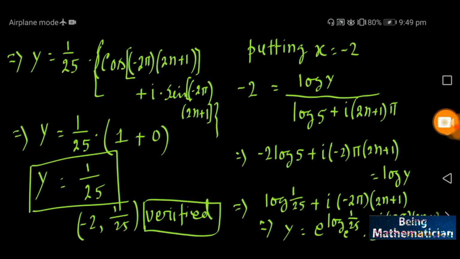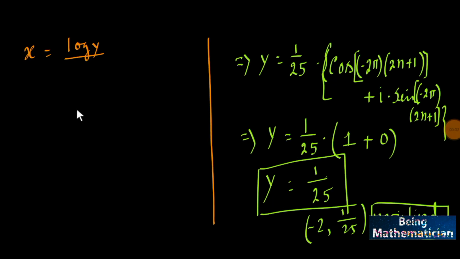Now let's derive the actual form of the function f(x) equal to a to the power x when a is negative. In the beginning we had x equal to log y by log a.